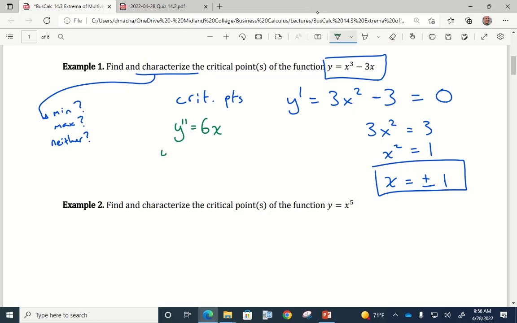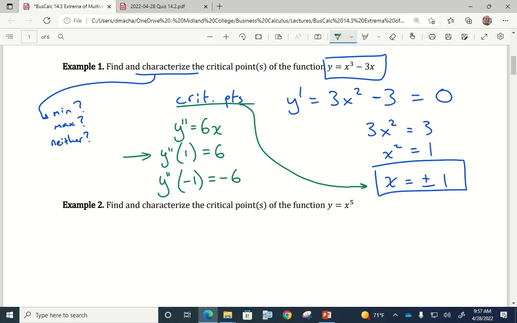What if I plug in my positive 1 critical point? It would be positive 6. And if I plug into my second derivative my negative 1 critical point, that would be 6 times negative 1. So that would be negative 6.